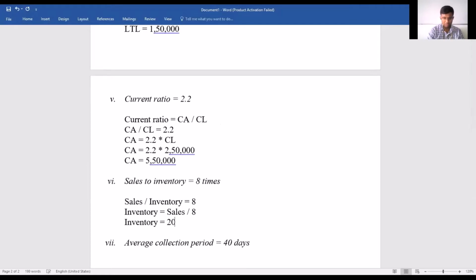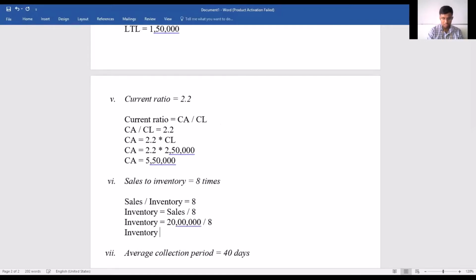So 20 lakh divided by 8, inventory is equal to 4 lakh. Sorry, it's not 4 lakh, it should be 2,50,000. So inventory is equal to 2,50,000.